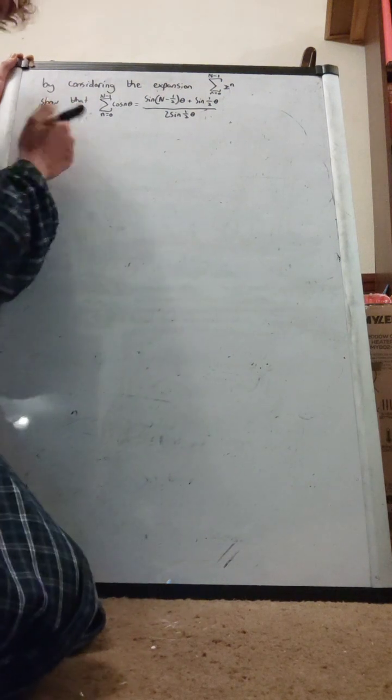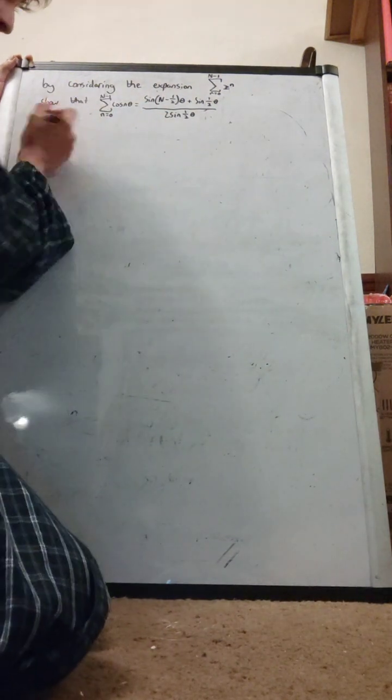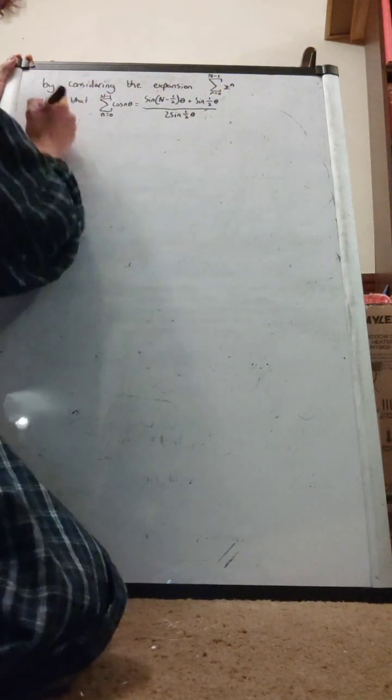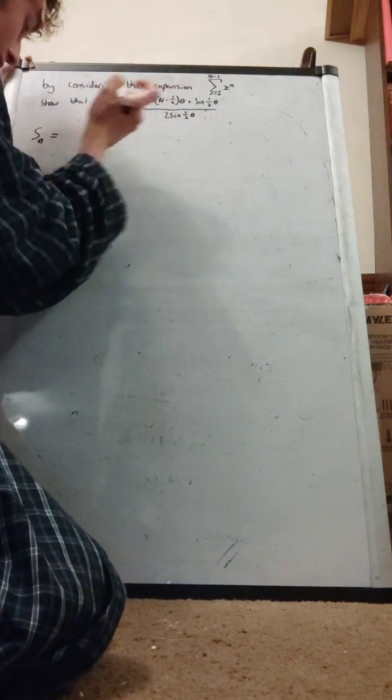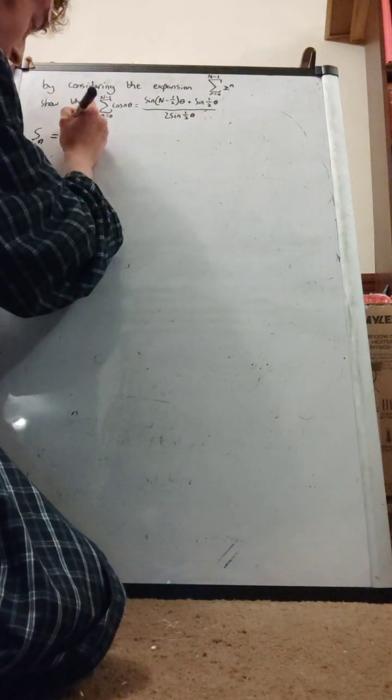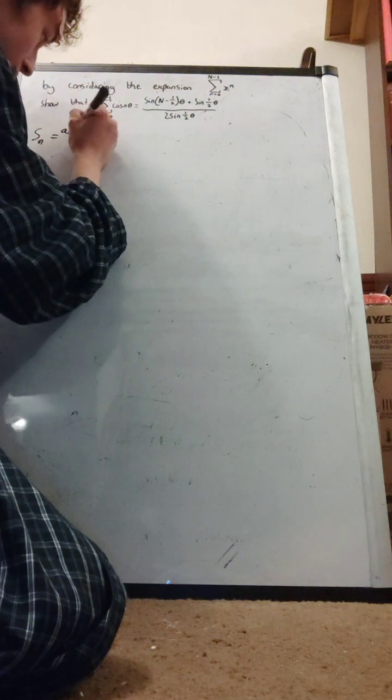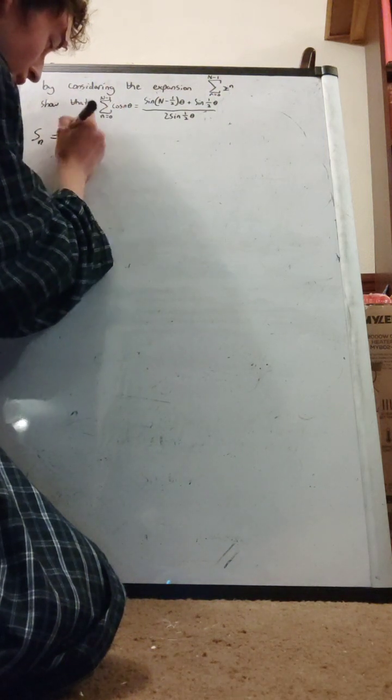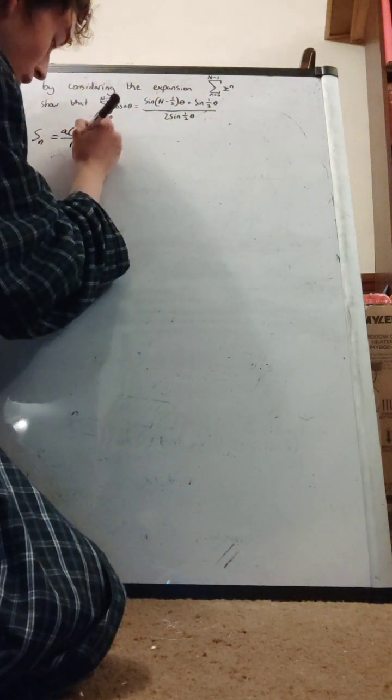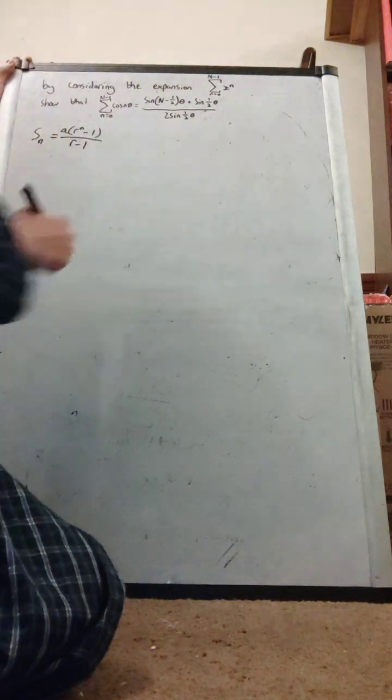So first, we'll consider this expansion as it says in the question, and obviously we have a formula for that because it's a geometric series. So our formula is given by, if you remember, a times r to the n minus 1 over r minus 1.